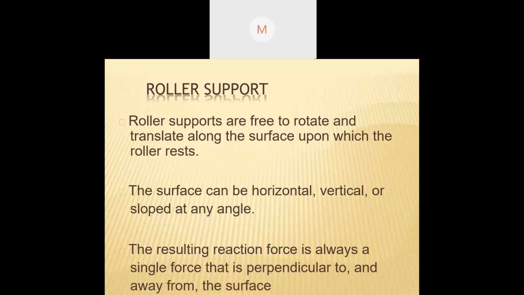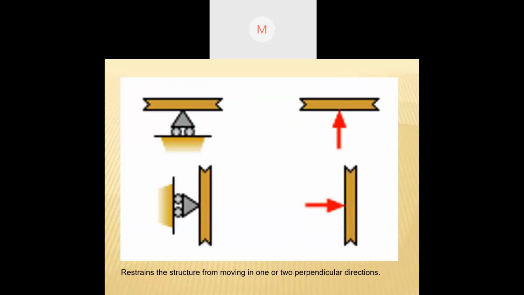So first of all, there is roller support. Roller supports are supports present in the form of a roller. Now look at this figure. Here, these are two rollers, right?